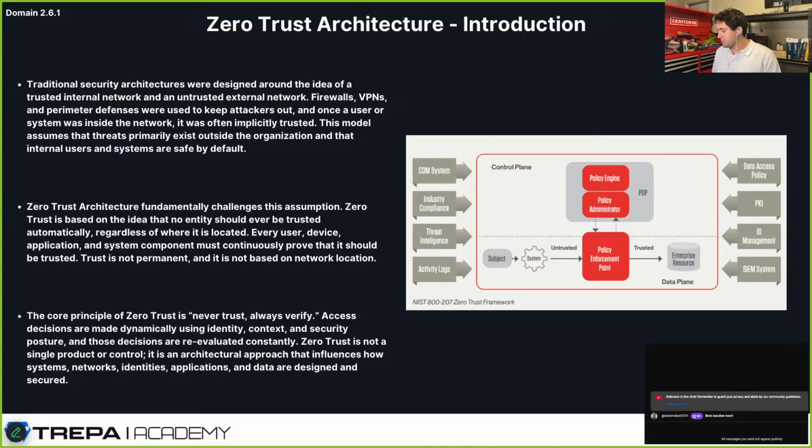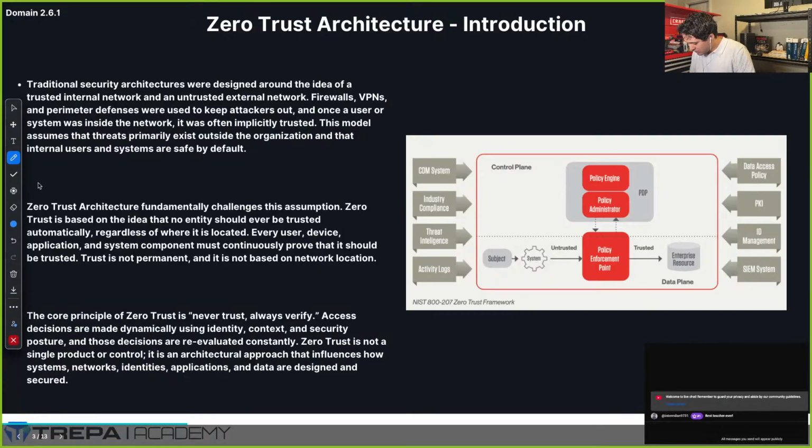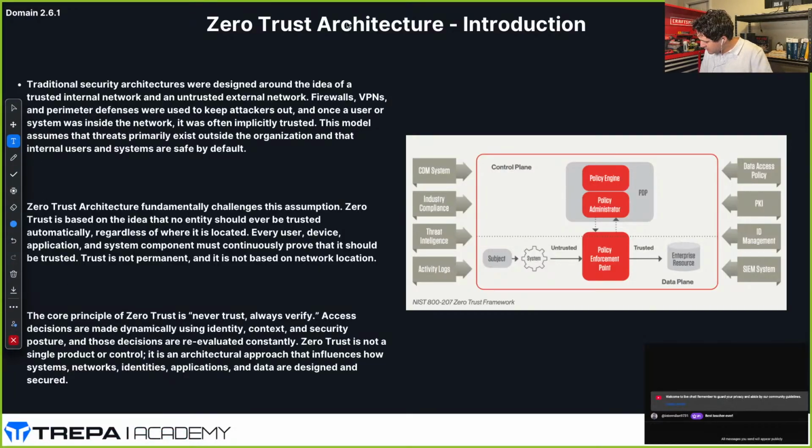The 3 core tenets are: 1, always assume breach. 2, never trust, always verify. And 3, POOP, which is the principle of least privilege.